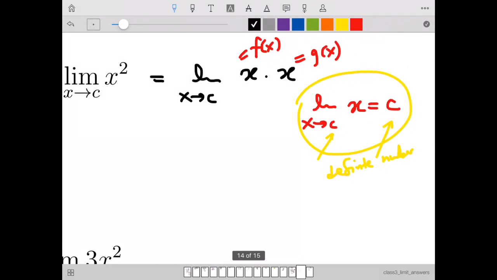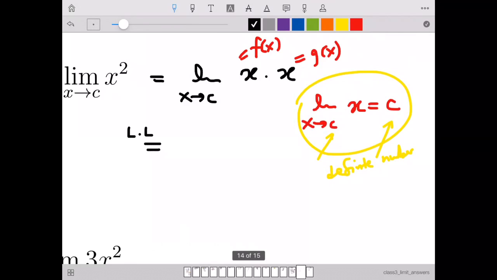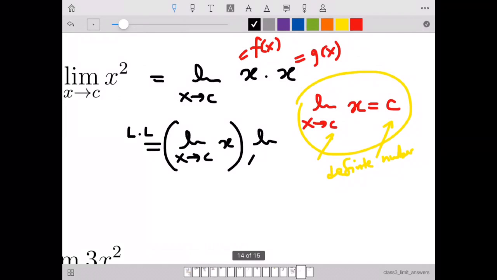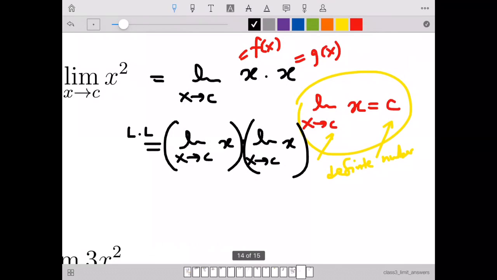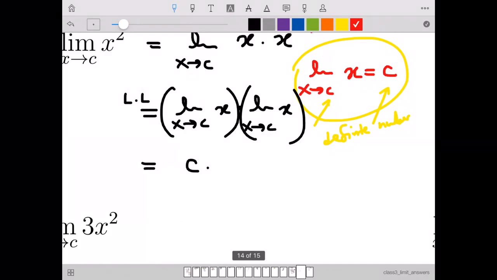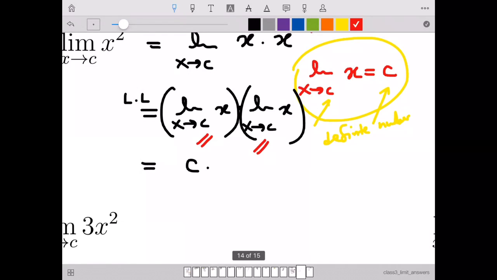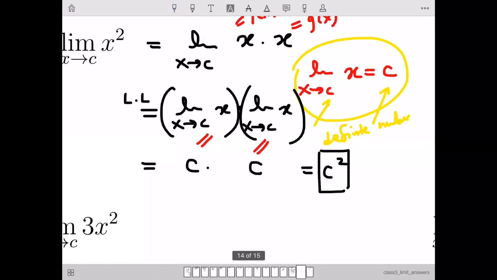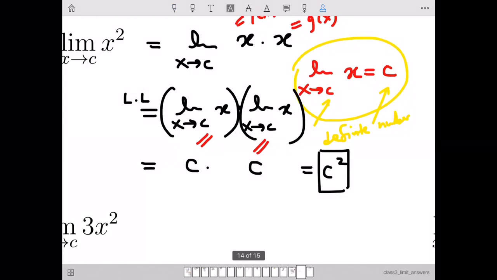Therefore, by limit law, limit of the product is the product of the limits. So this is c, and this is again c. So the answer is c squared.